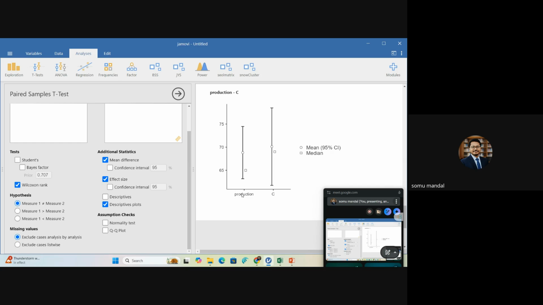The median is also higher. So you can also interpret from this graph, yes, there is a significant impact of agriculture intervention on agricultural outcomes.